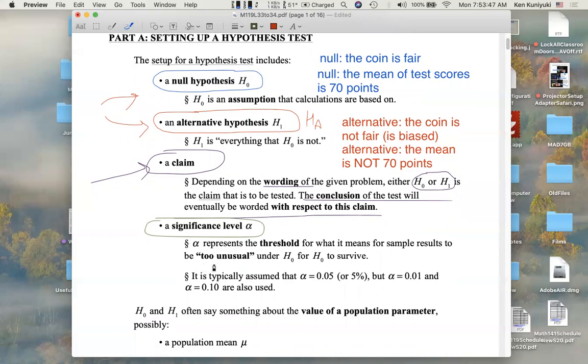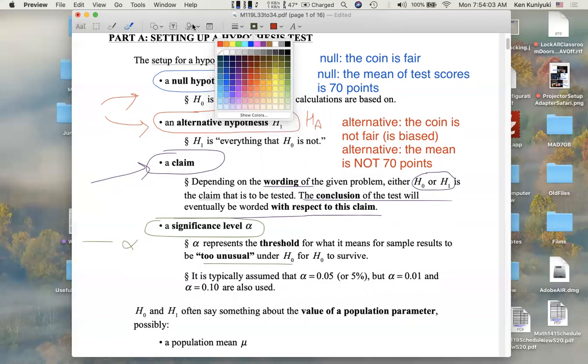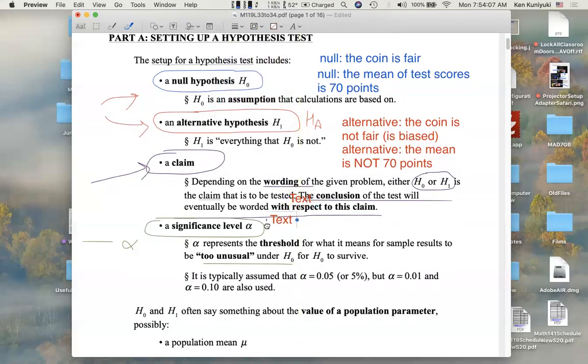Remember, we make calculations under the null. And remember the deal. Whatever your value for alpha is, it's usually 0.05, but it could be, say, 0.01 or 0.10. But whatever alpha is, what's the relationship between the p-value and alpha? What was the rhyme?